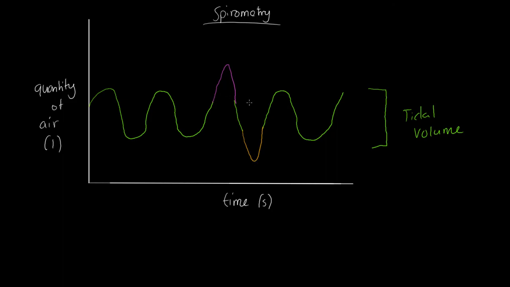The point I want to make is that this is also tidal volume, but notice that tidal volume has increased by taking on additional quantity. We've breathed more in, we've breathed more out, but it's still our tidal volume. It's just that the tidal volume increases during forced breathing or during exercise, so be aware of that.